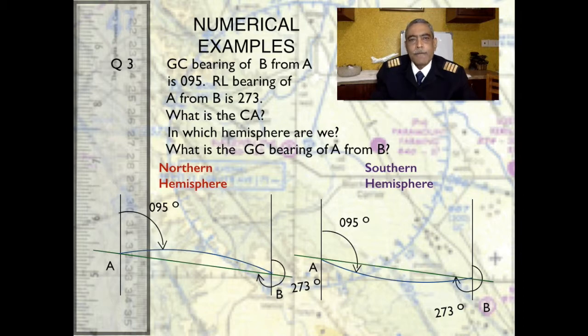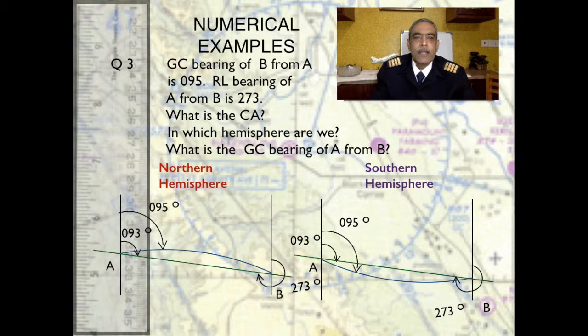Now we know that the Rhumb line track between A and B would be 093 by definition, which I have shown in both the diagrams.